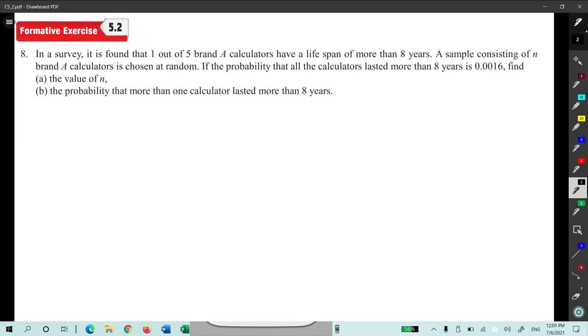If the probability of all the calculators lasting more than 8 years is 0.0016, find the value of n. So the probability of success in this case is basically 1 over 5. Therefore, the value of q is equal to 4 over 5.